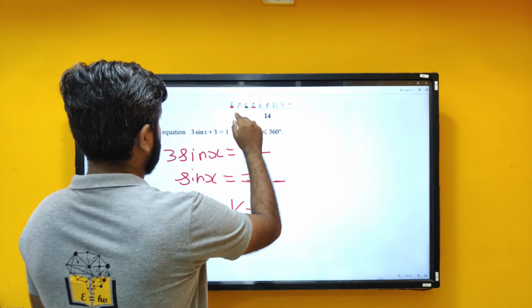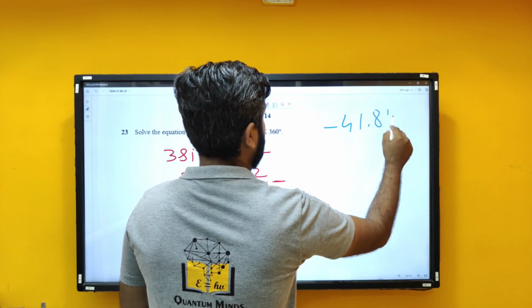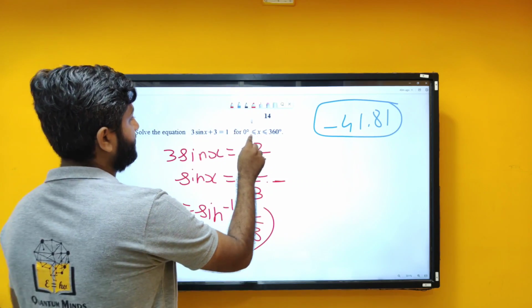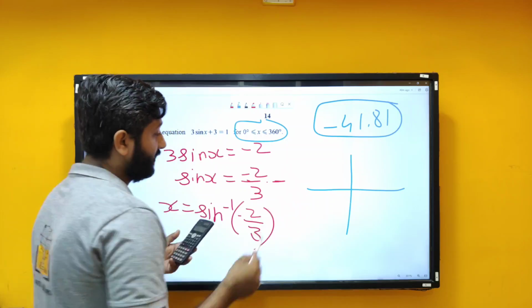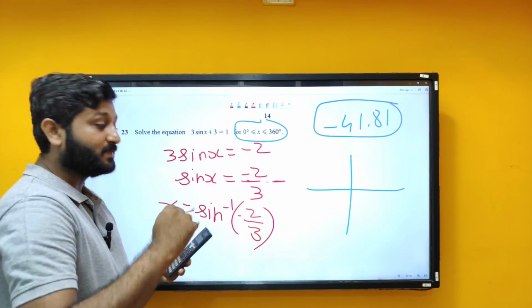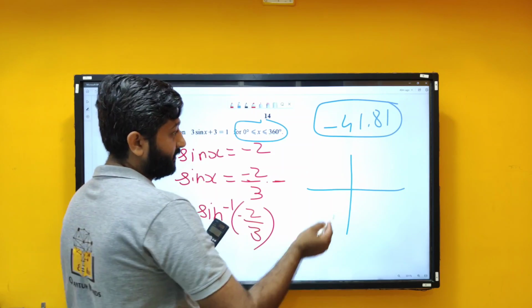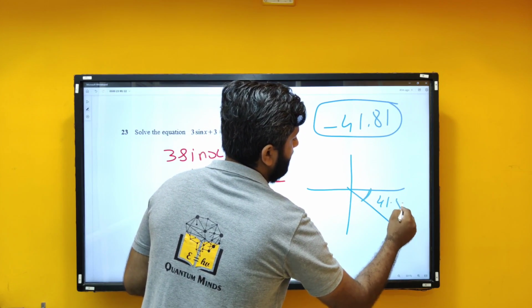So first answer is minus 41.81. But guys, we know negative answer is not possible because the range is from 0 to 360. Now the negative angle minus 41.81, this means that the angle is measured in clockwise direction. So minus 41.81 is nothing but this angle, right?